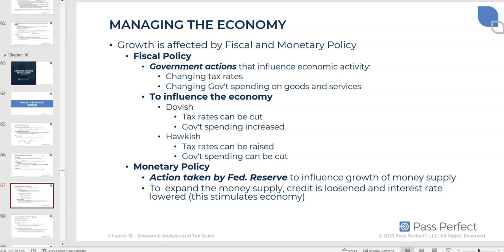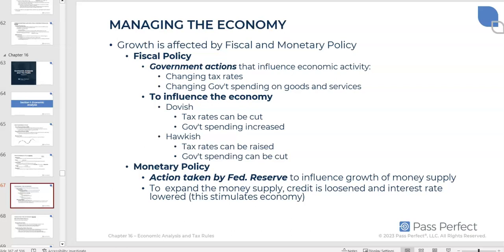So I say, well, how do we not let this happen again? Are there ways to manage the economy, at least to some degree, so it's not so much of a roller coaster ride, to help smooth out those ups and downs? So there are different economic policies that are put into play to help manage the overall economy. You can't eliminate the business cycle, but you can at least make it not so dramatic.